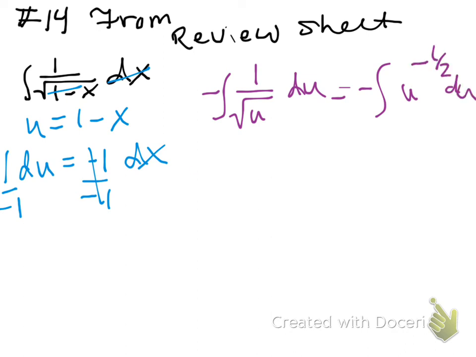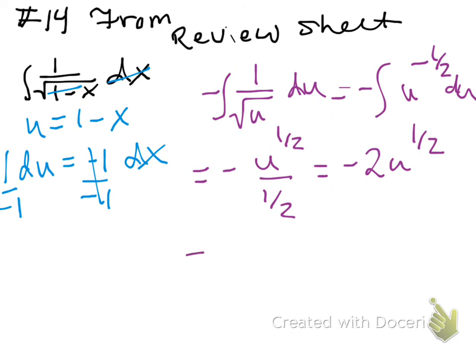And so now let's just integrate like normal. So this is going to be negative u to the 1/2 power divided by 1/2, but dividing by 1/2 is the same thing as multiplying by 2. So then that means it's negative 2 times u to the 1/2 power.